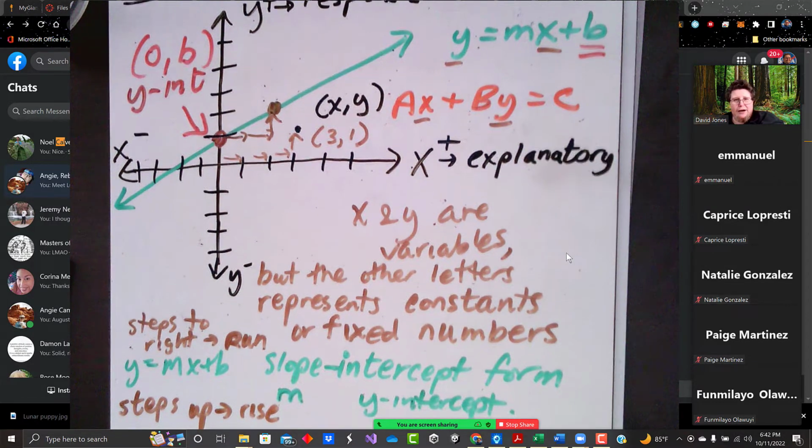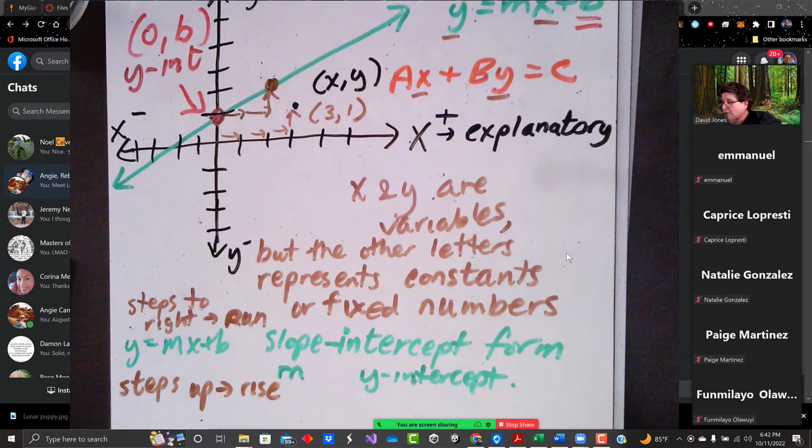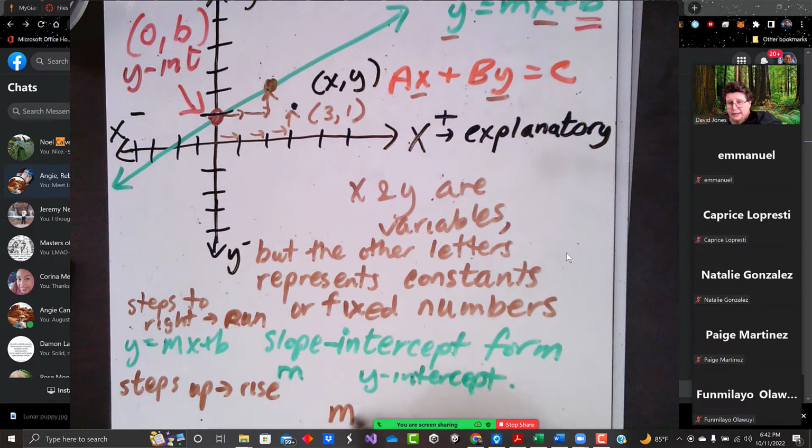How much does the graph rise versus how much does the graph run? m is rise over run.